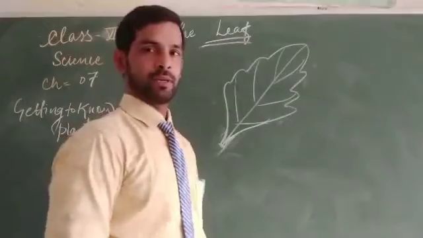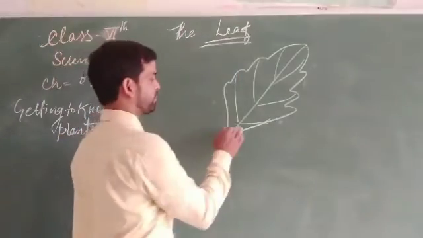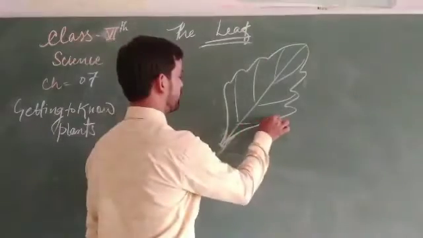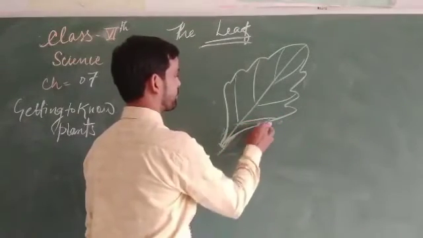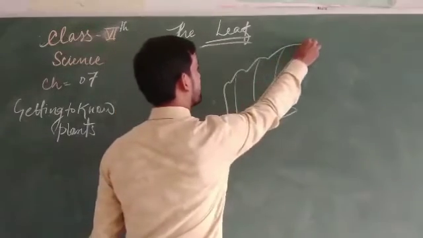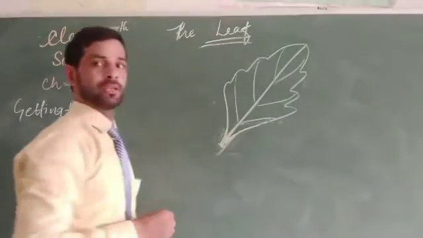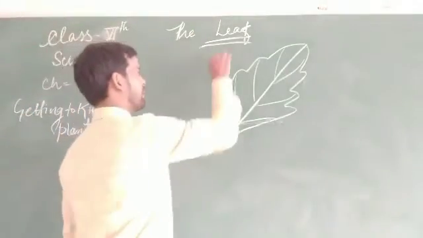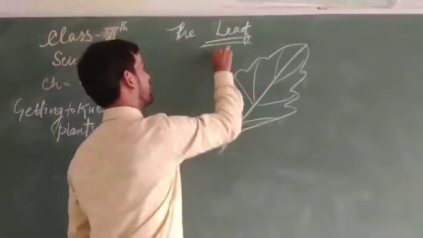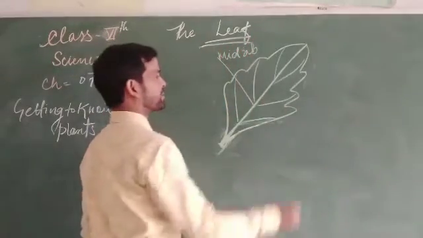So here you can see the leaf and the parts of a leaf. What are these actually? I want to tell you. This one is the middle portion of the leaf that holds it together, and it is an important part, called the midrib. And this is called the leaf margin.